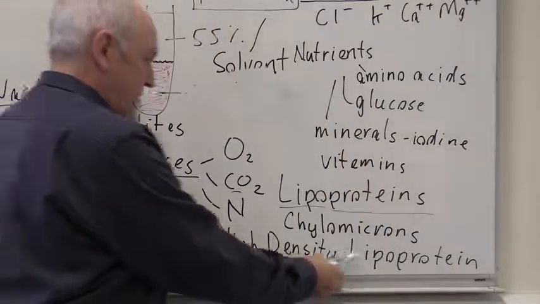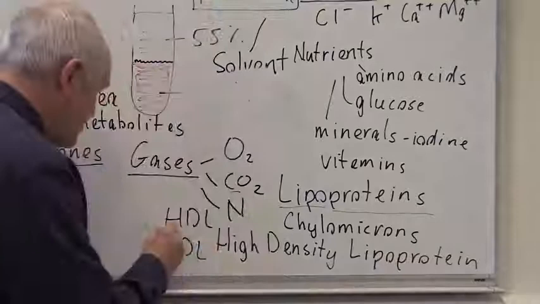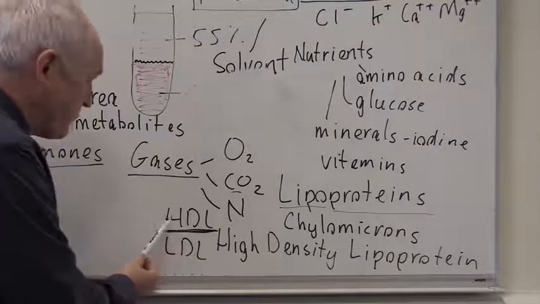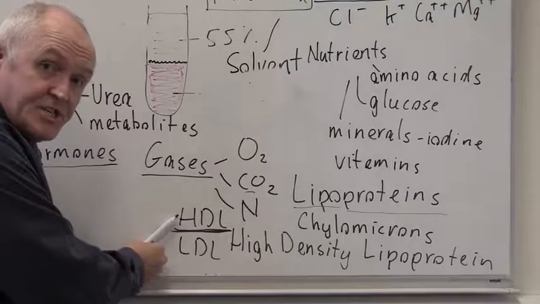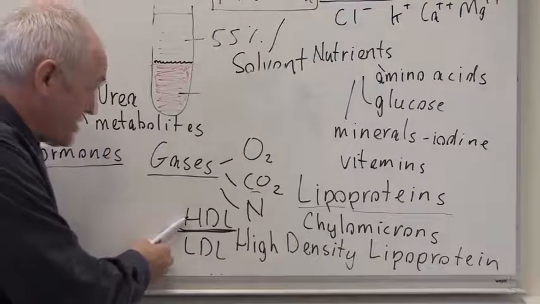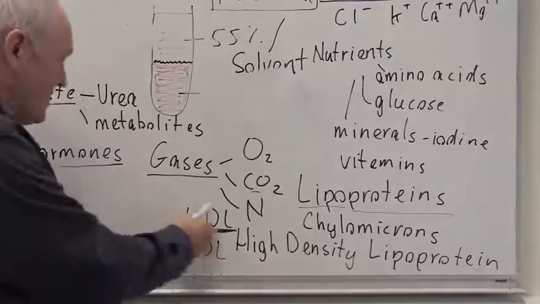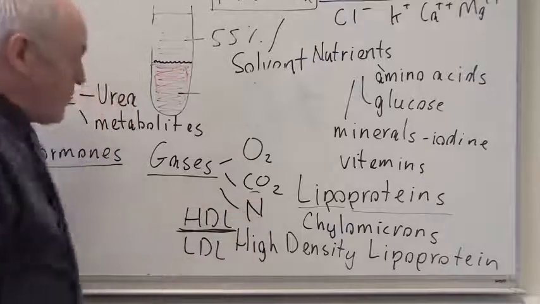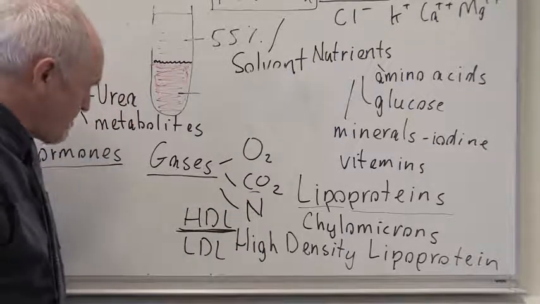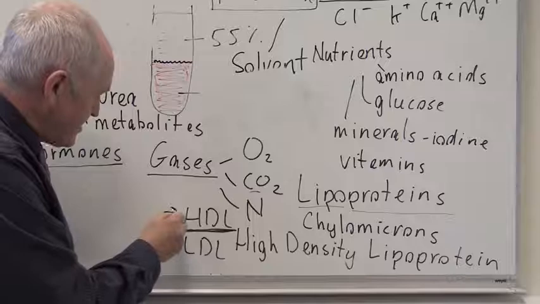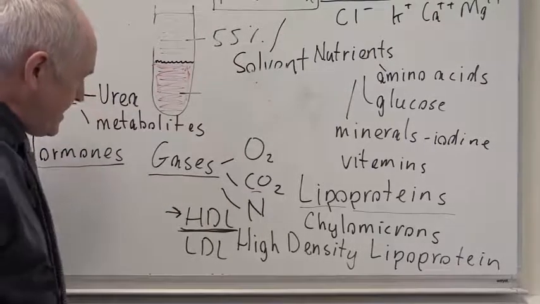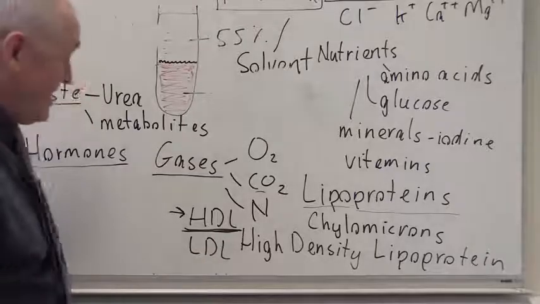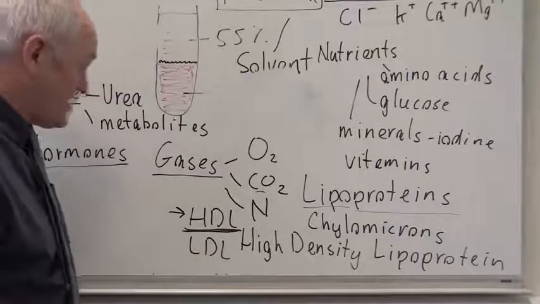And this is sometimes called H for helpful cholesterol, or H for healthy cholesterol, because the HDL will help to transport fatty material from the blood into the liver where it can be biochemically processed. So high levels of HDL are going to be healthy. Low levels of HDL are going to be atherogenic. That can lead to atherosclerosis.